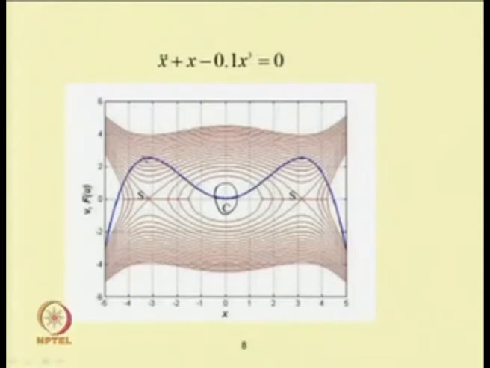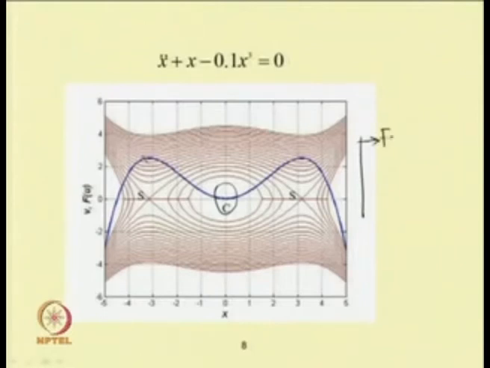One can obtain the fixed point response by putting the time varying terms to be 0. In addition to the fixed point response, we can have a periodic response. The response may be quasi periodic, or the response may be chaotic. So, we have mainly 4 different types of response.